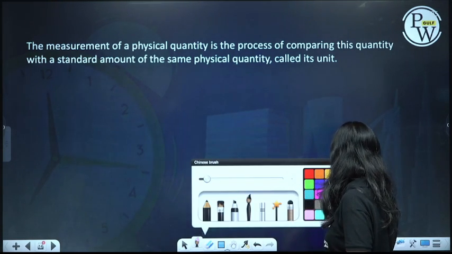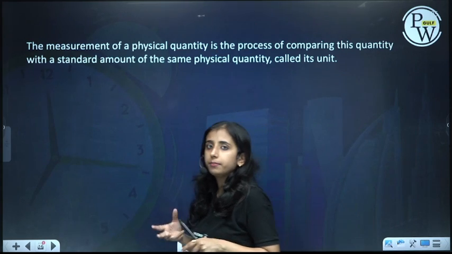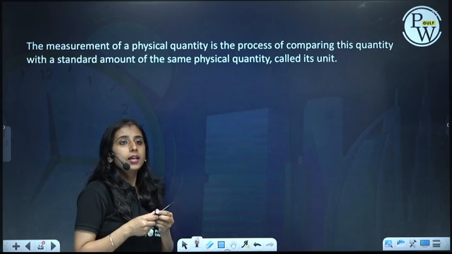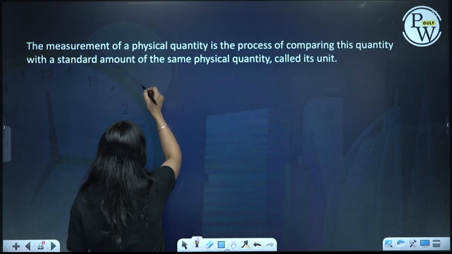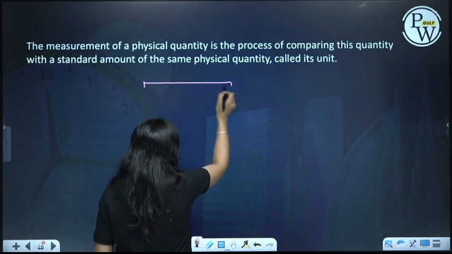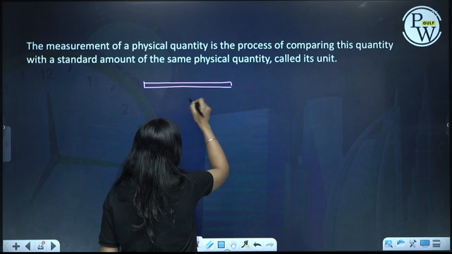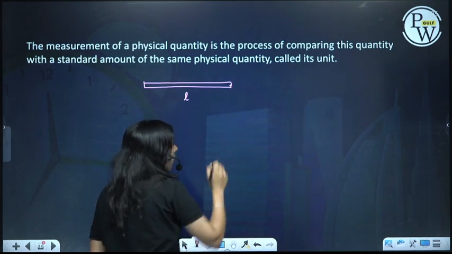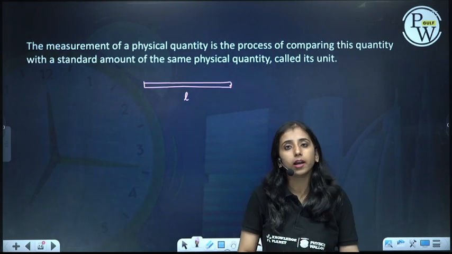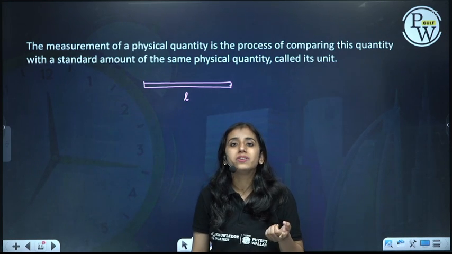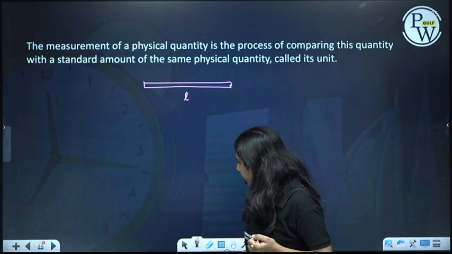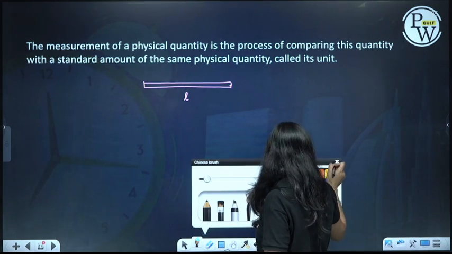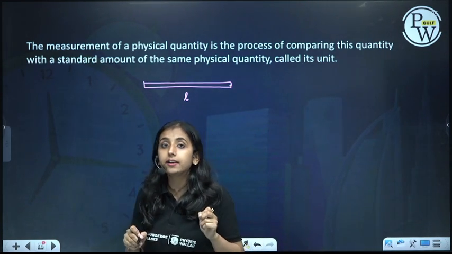How can we measure any quantity or a fundamental quantity? Suppose you have to measure the length of a rod. I gave you a rod of length L and I asked you to measure it. You will say, ma'am, please provide a scale to measure it.